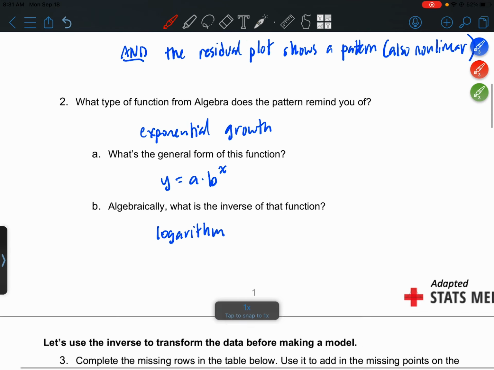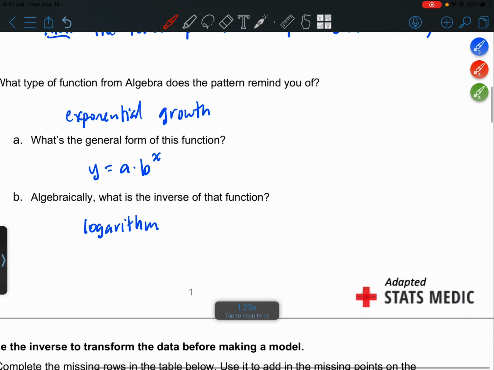I'm going to do this off to the side here. So y equals a times b to the x power. All right, so what we're going to do is we're going to use the inverse function to make this linear. So we're going to take the logarithm of both sides.